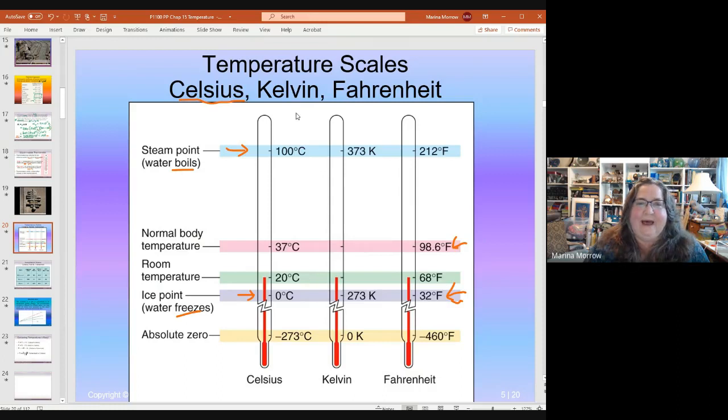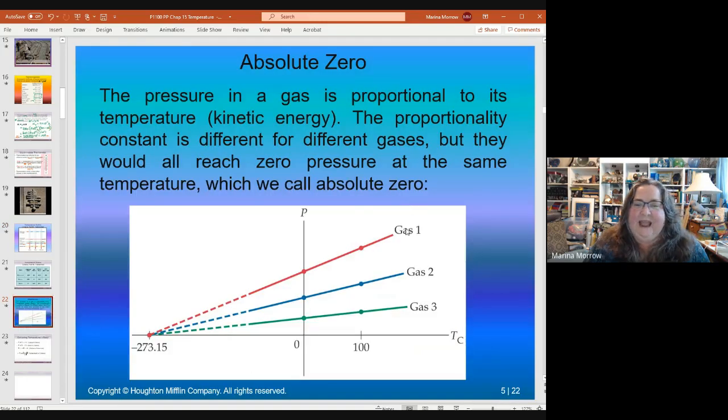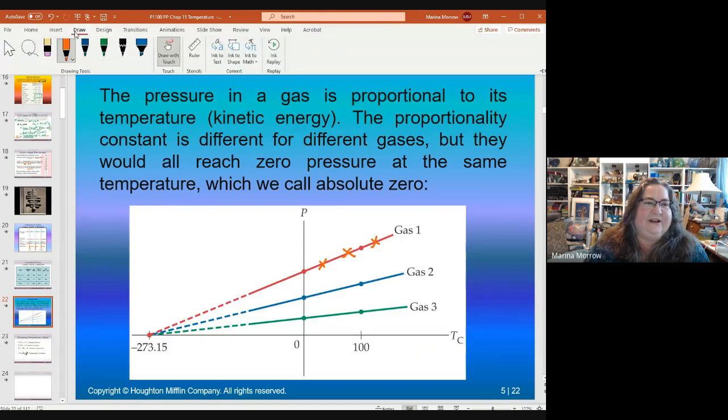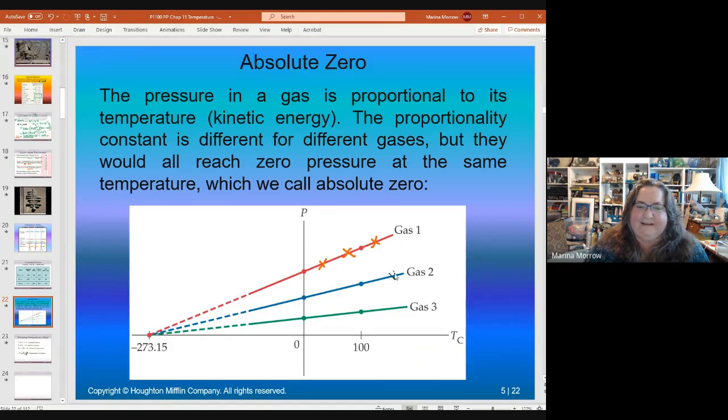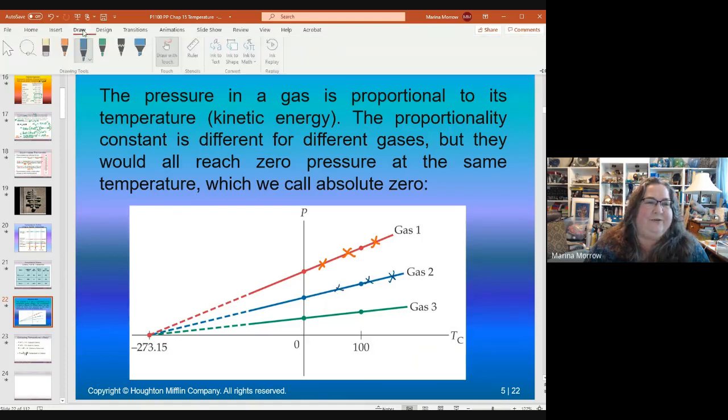But then came Mr. Kelvin, and he was doing experiments with gases. And he noticed that he was plotting the volume or pressure of gases as he cooled them down. And so he kept doing different gases. And the thing is, he was putting in his data points, and they all started pointing towards the same point.